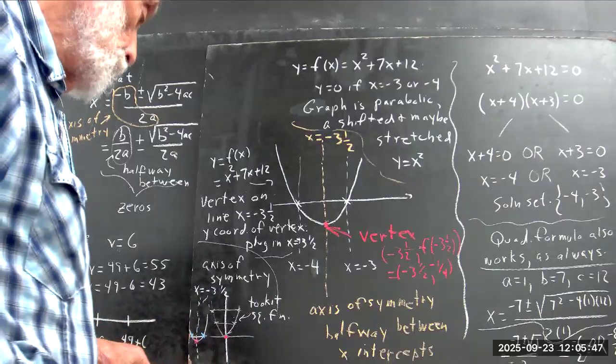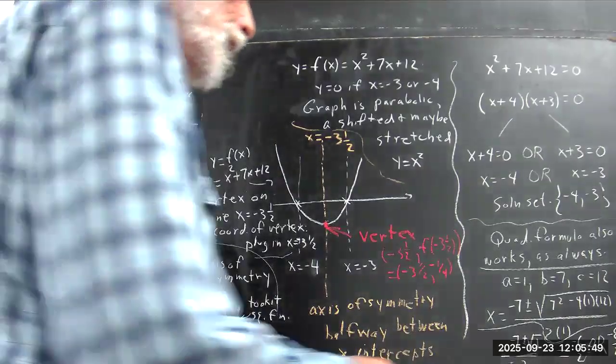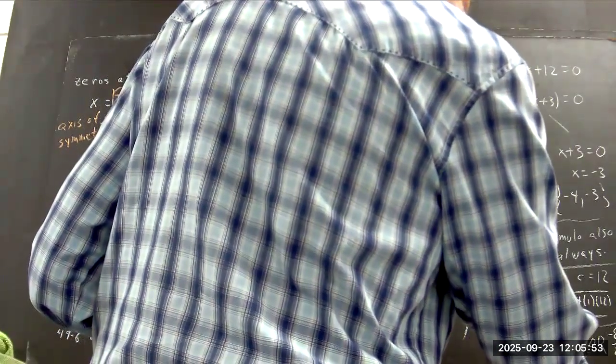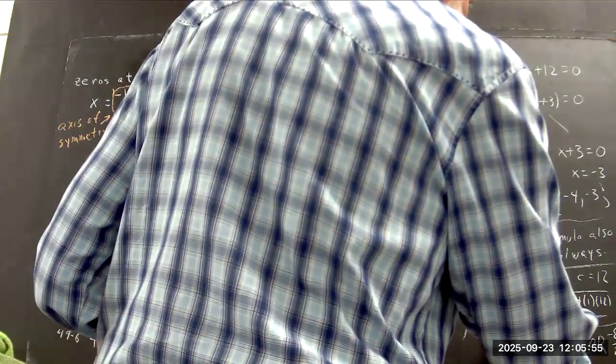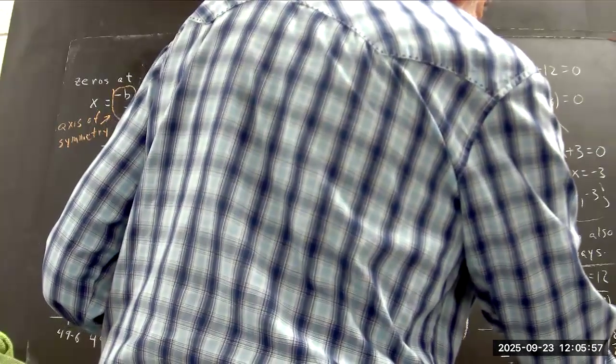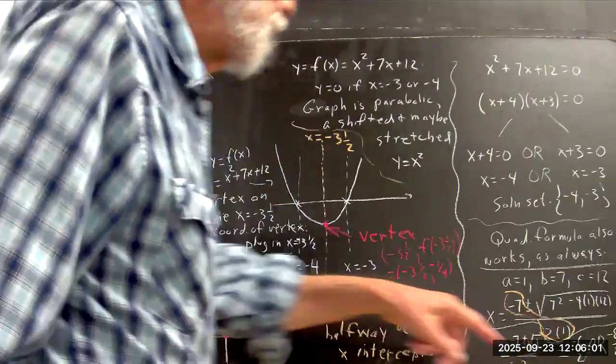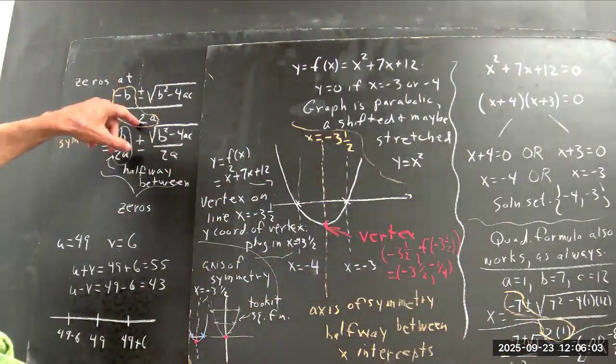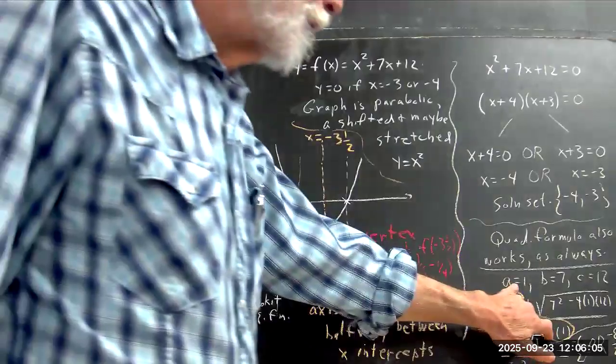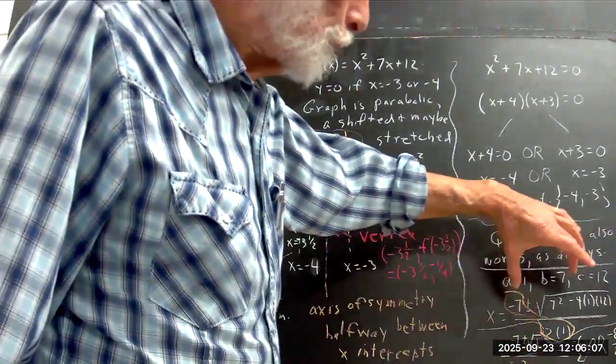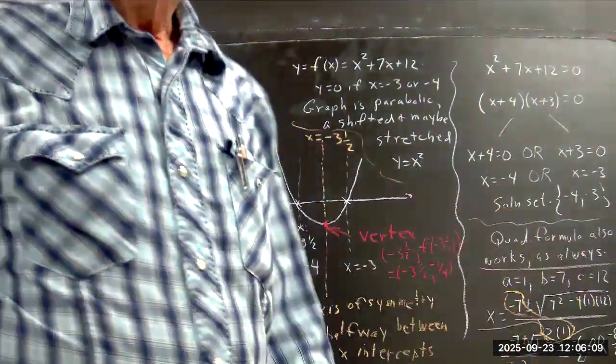If you use the quadratic formula, you note that the axis of symmetry is -b over 2a. It's this over this, because this is halfway between the two results you get here.